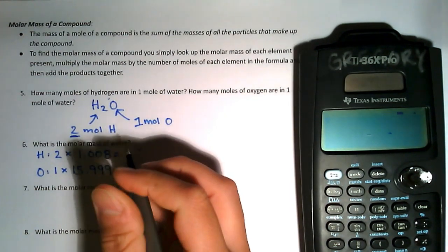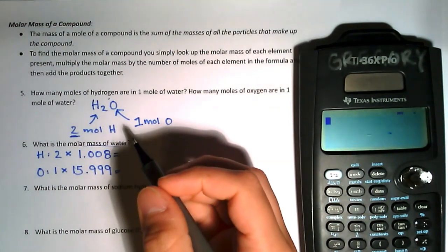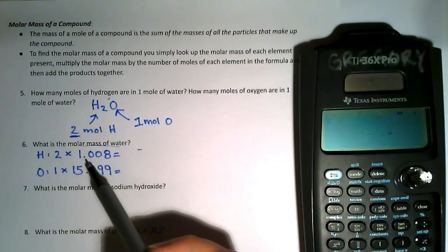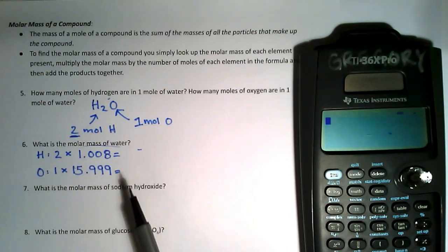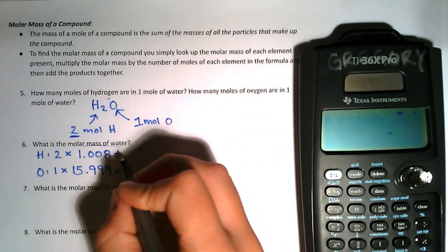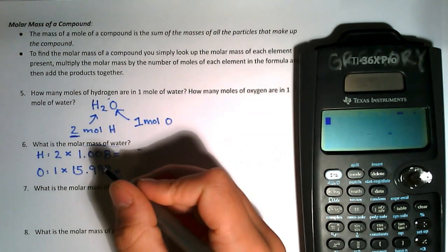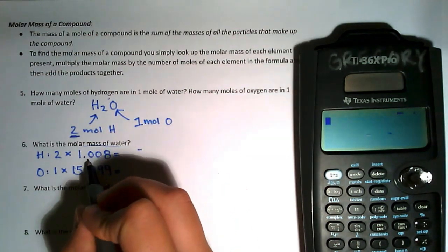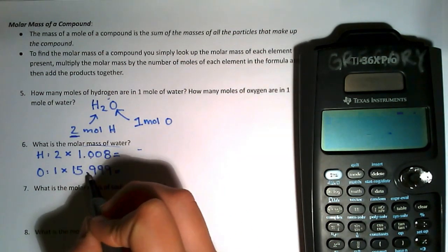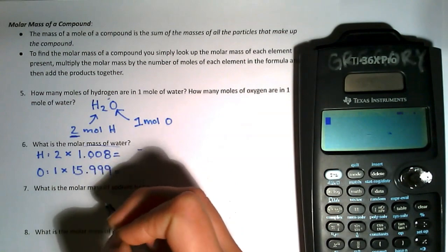Now, when we're determining molar masses, you may be tempted to round these values because you say that, okay, it's 1.008, that's really, really close to 1, and 15.999, that's really, really close to 16. And you can round some values on the periodic table. If you have 0.00 or 0.99, then you can round that value.